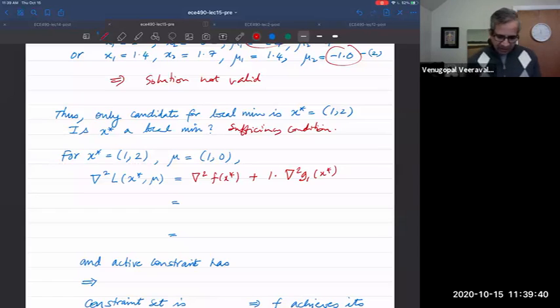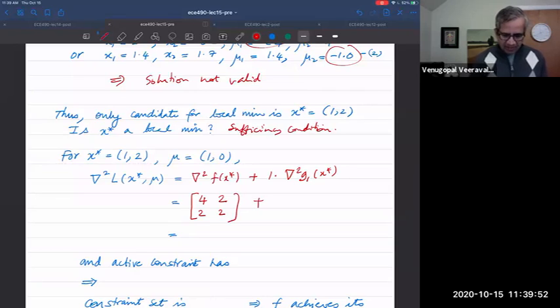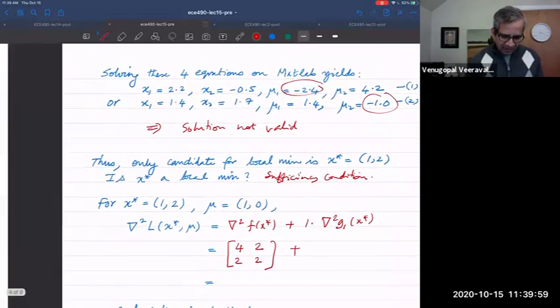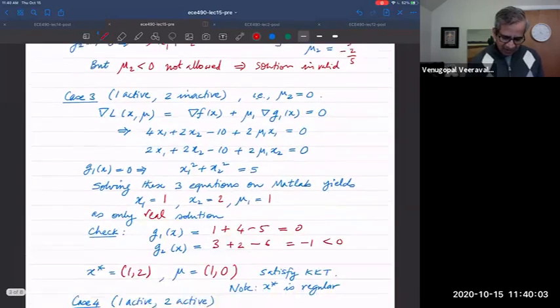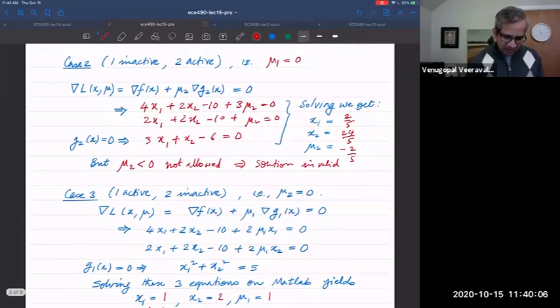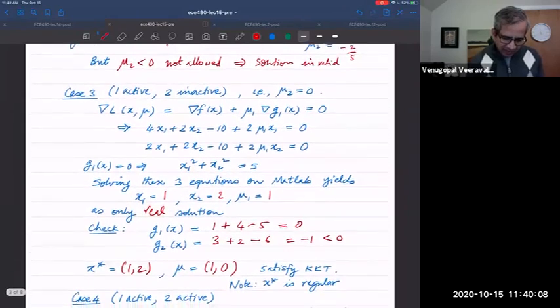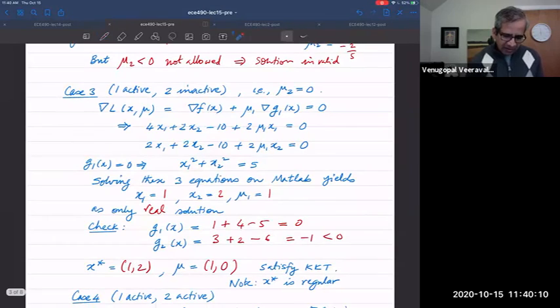And those are not that hard to compute. The 4x1 will produce a 4 on the diagonal, and 2 off diagonal. You get that. And then if you look at the gradient equations, the gradient has 4 here. Let's take another derivative, you get 4.